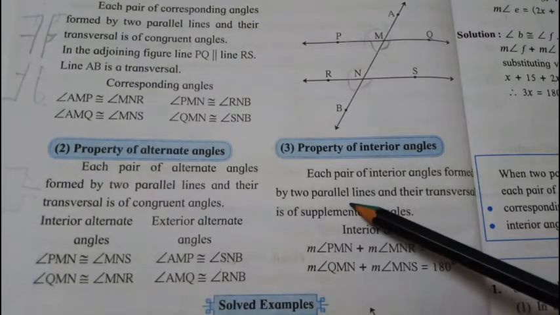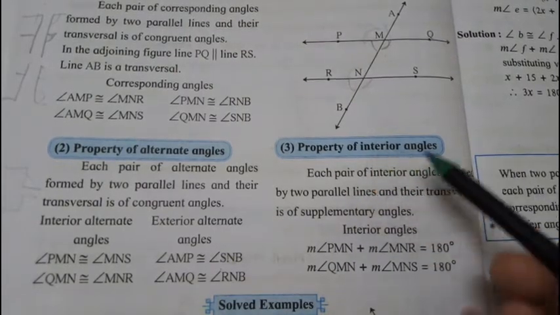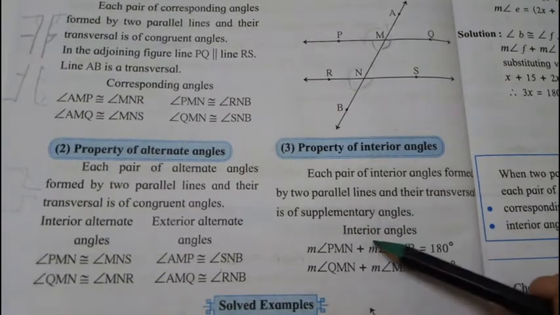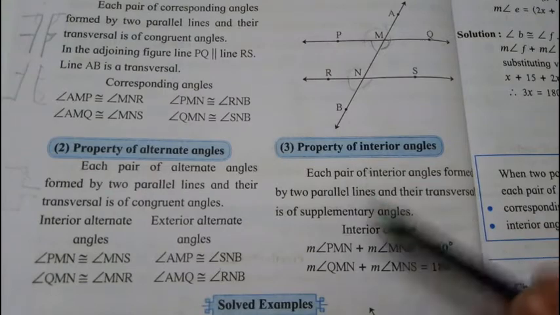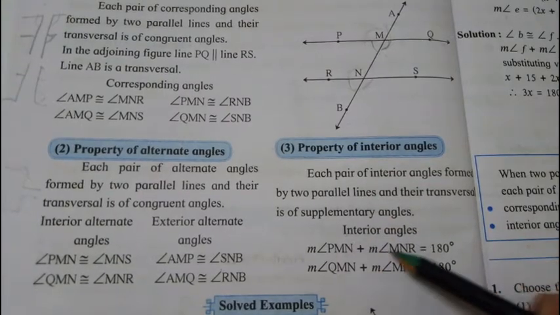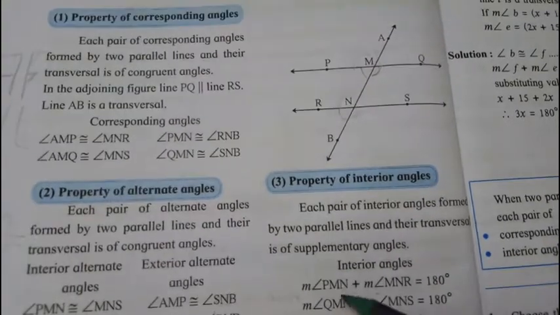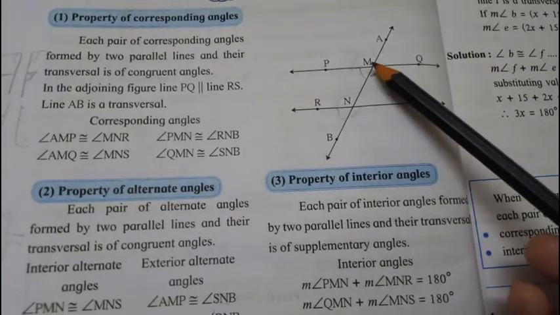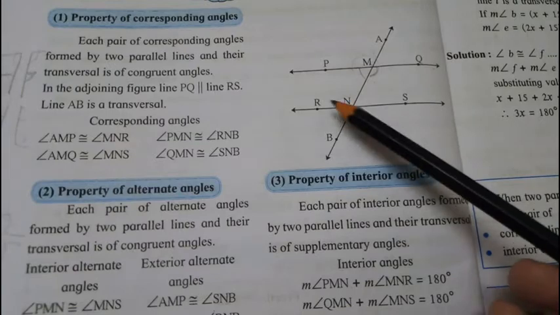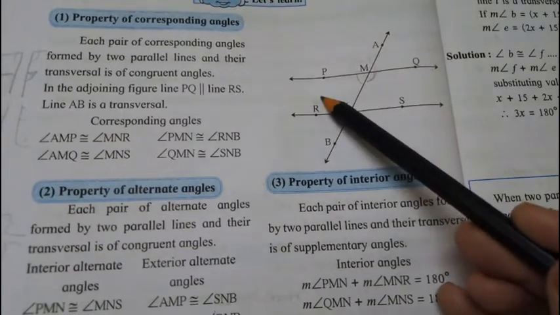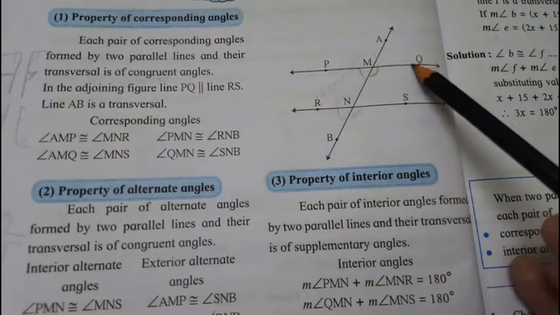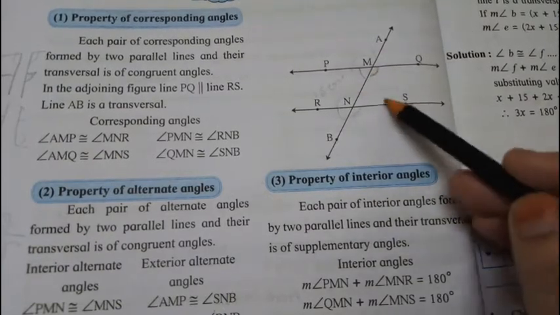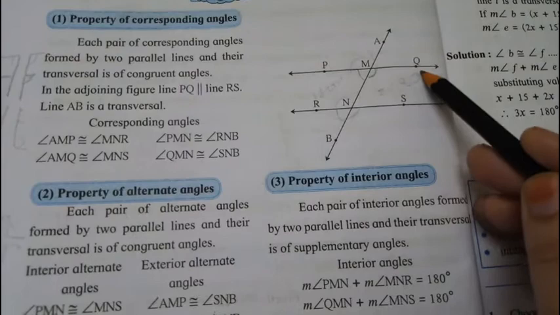So the addition of interior angles will be 180 degrees. Here, measure of angle PMN plus measure of angle MNR equals 180 degrees, and measure of angle QMN plus measure of angle MNS equals 180 degrees.